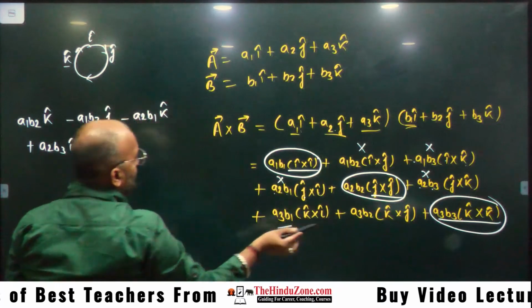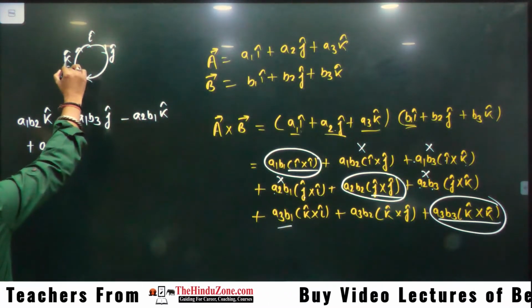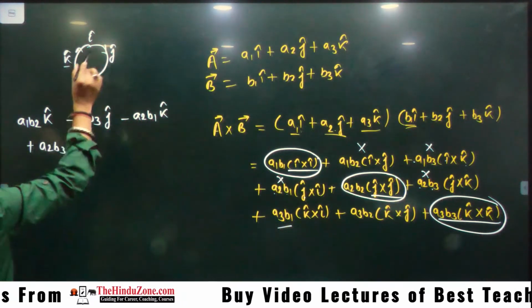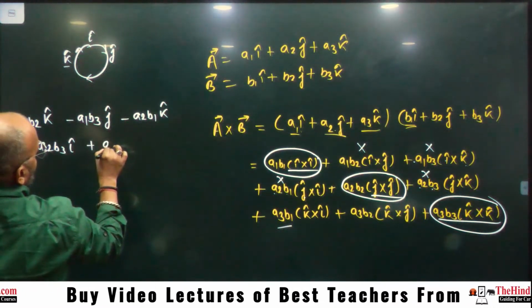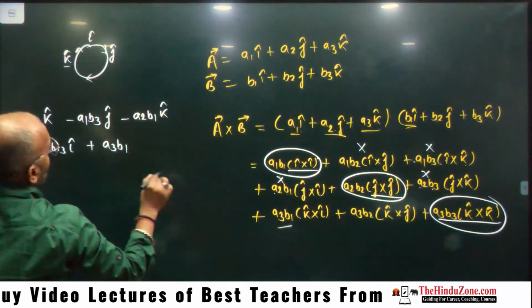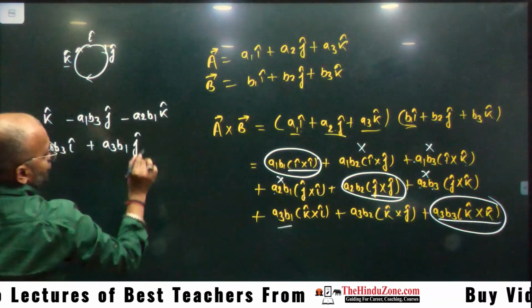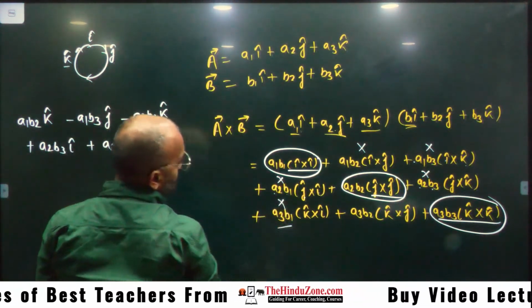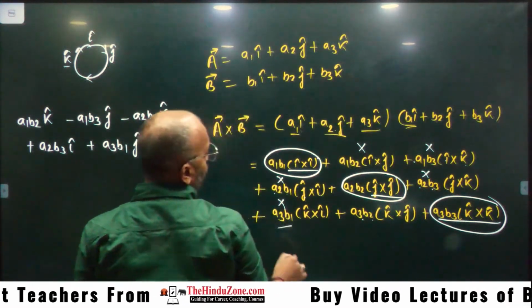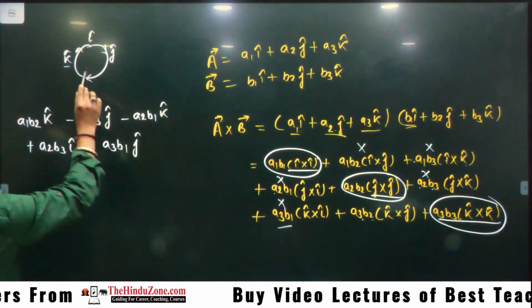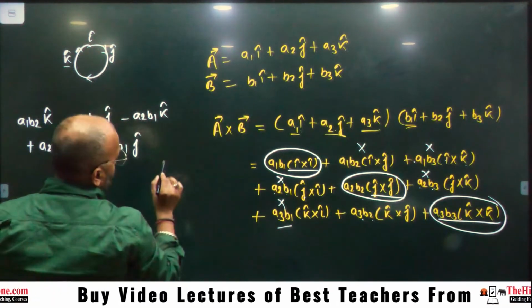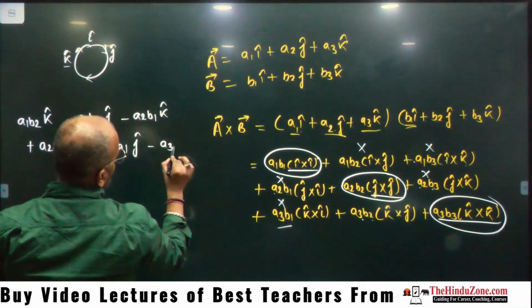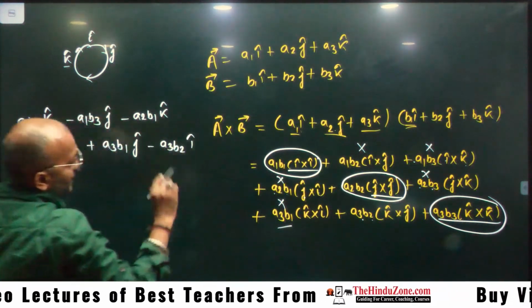A3 B1, K cross I gives plus J cap. Yes or no? A3 B2, K cross J, anti-clockwise, minus I, so minus A3 B2 I cap.